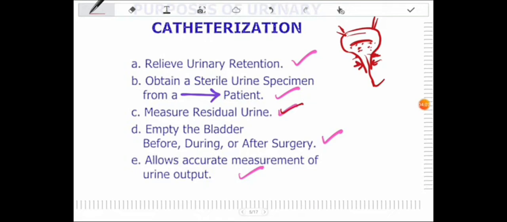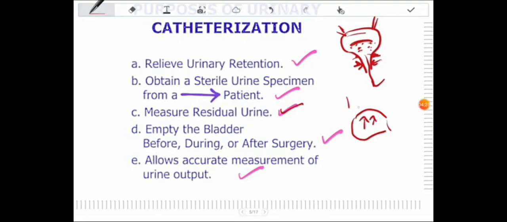Then, to empty the bladder before, during or after surgery. What happens is, during the surgery, anesthesia is given to the patient. So it decreases all the activities, which leads to buildup of urine in the bladder.